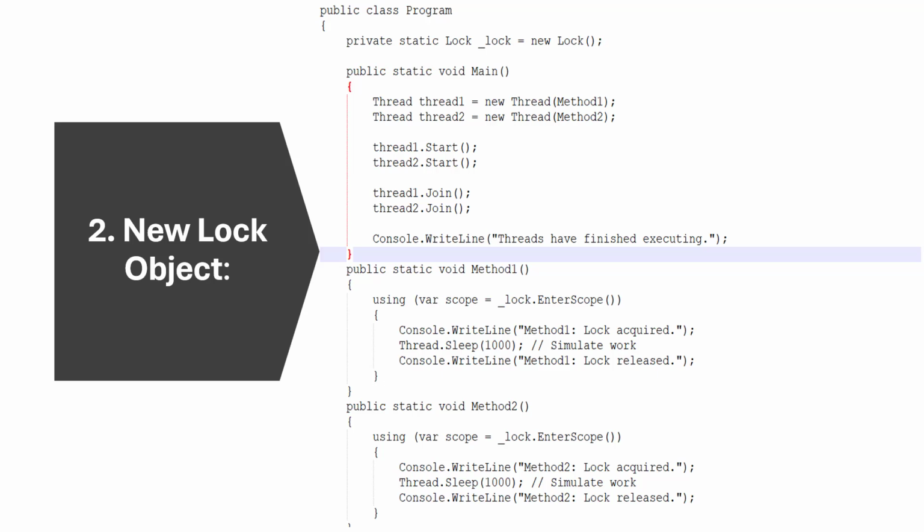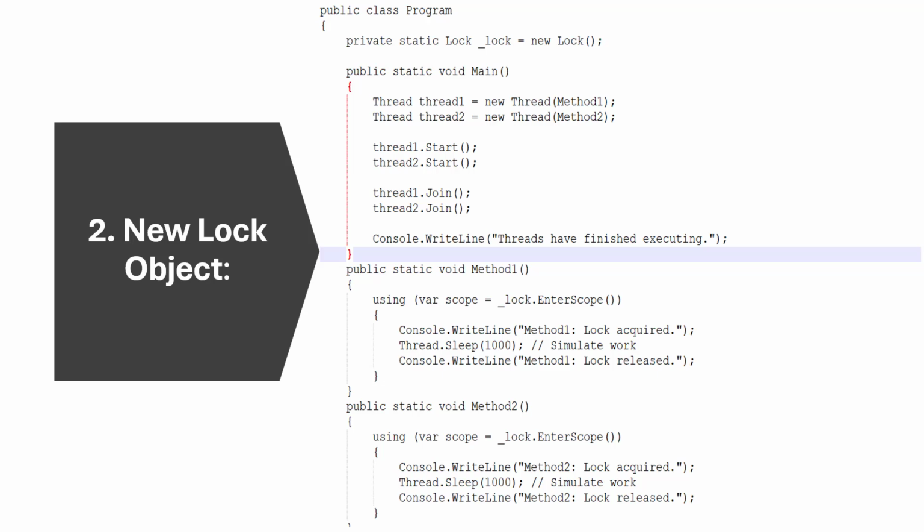The using statement ensures that all the locks are released so that we can free the memory. So here we have lock.EnterScope and lock.EnterScope, and it locks and executes the methods perfectly. So that is the new lock object in C# 13.